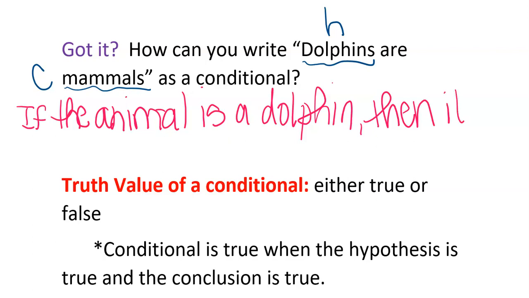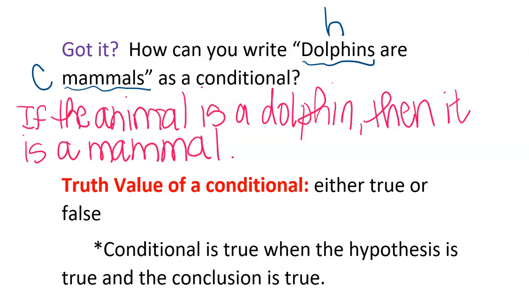So then, have a noun to describe the pronoun. Yeah, then it is a mammal. Could you say then the animal is a mammal as well? Yep. Okay, so dolphin we read first. That's the hypothesis. That part goes with the if. Mammals we read second. And most of the time that works.